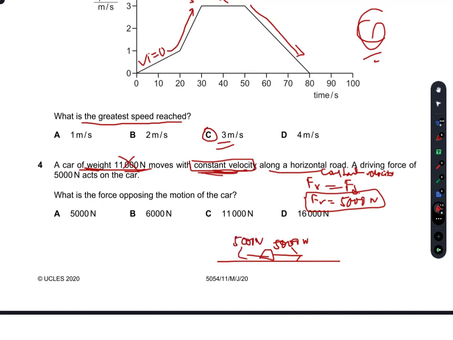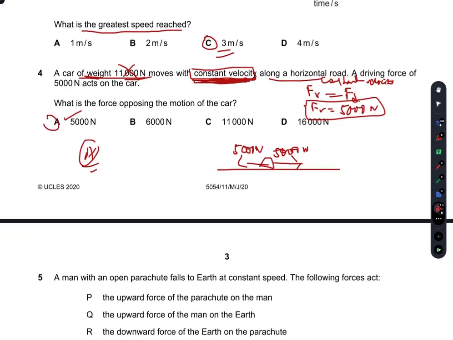Both forces are balanced, but still the body is moving, but at a constant velocity. This is the same as the terminal velocity of a parachutist coming down from the sky. So 5,000 newtons is the reaction force. A is the right answer.